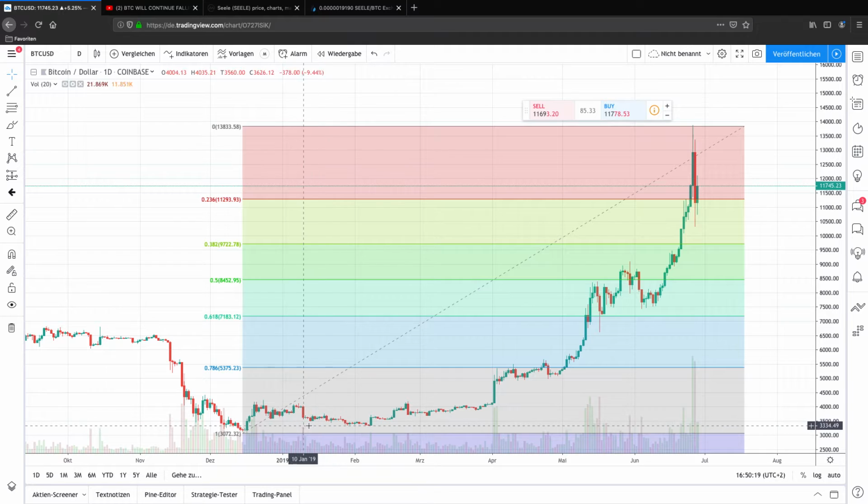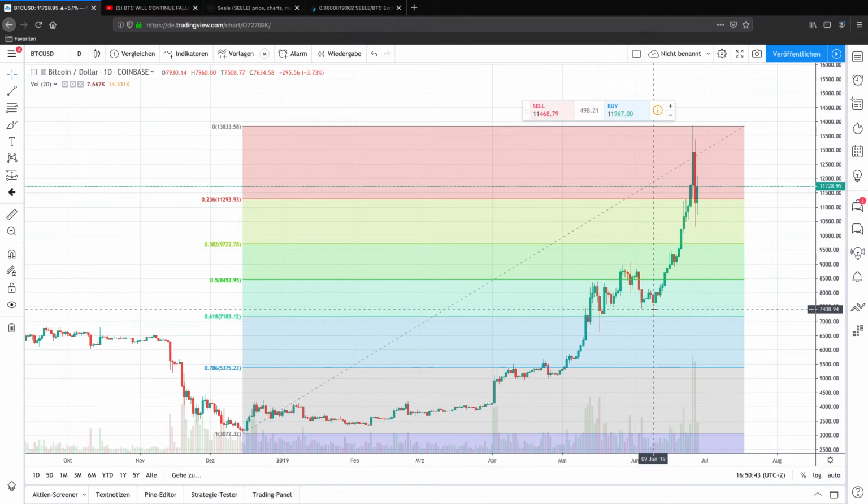As I told you, we are now in a bull market, and this is the beginning right here, starting with this parabolic movement. And as you can see, during this movement, we have been making higher lows. So like this, to this, to this, to this, and to this. All right? Always higher lows.